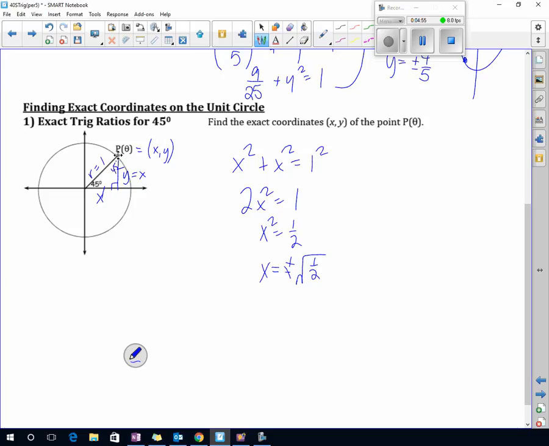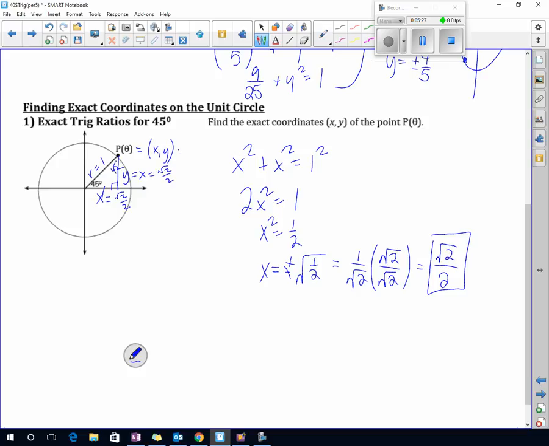And what's the same thing as 1 over root 2 if I rationalize the denominator? Root 2 over 2, I'll just show my step here. Okay, so that means x is root 2 over 2, which means y is also root 2 over 2. Which means this coordinate is root 2 over 2, root 2 over 2.